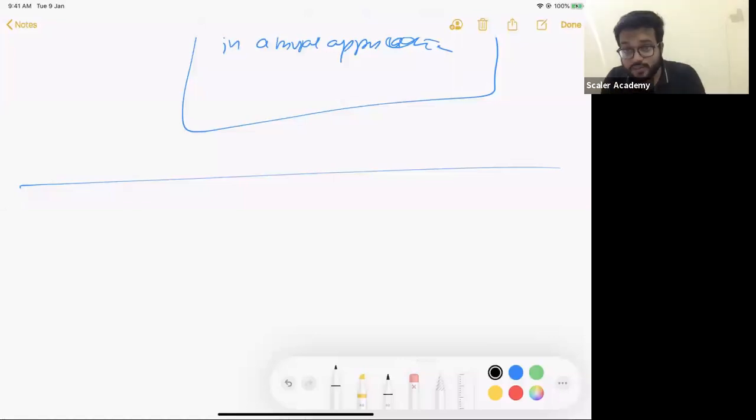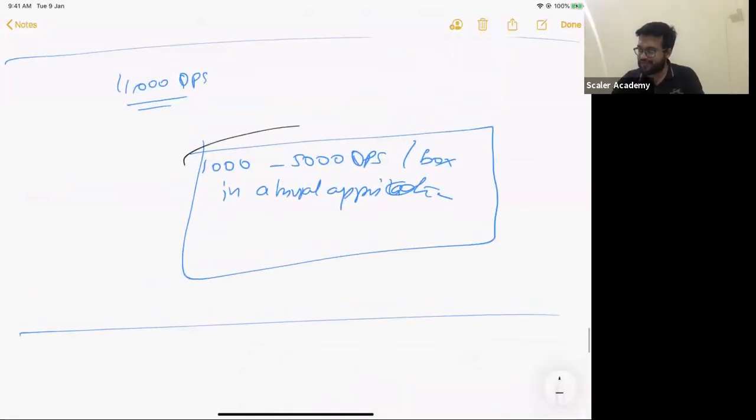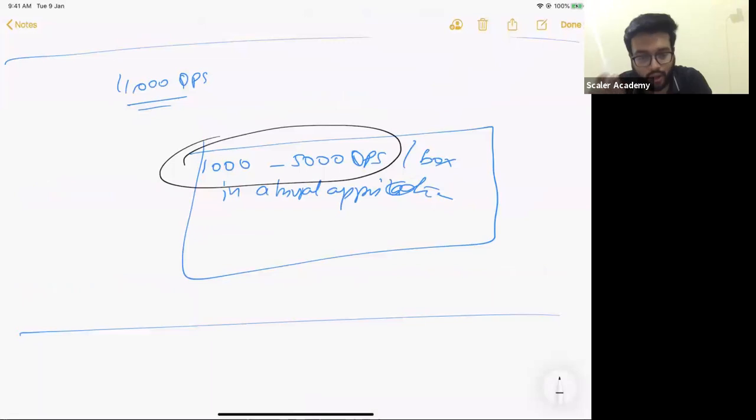This QPS that I mentioned, 1000 to 5000 per box, is for a very trivial application. I was giving you an example of the system that I built so that you can appreciate that this number can vary a lot.